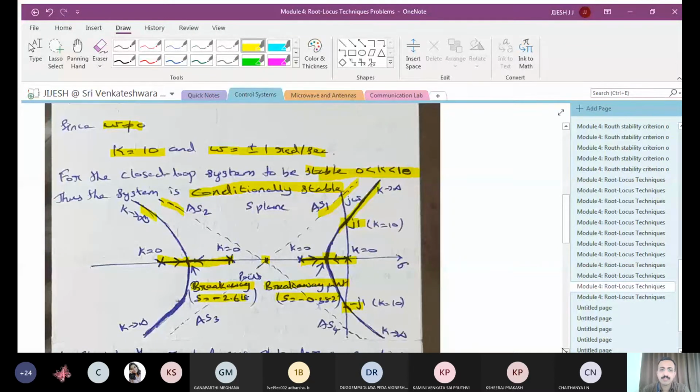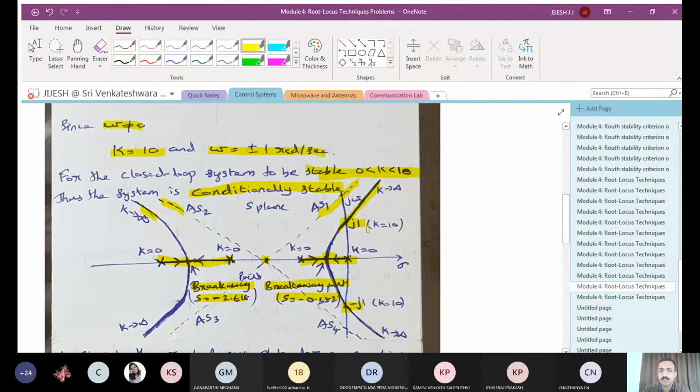So mark the points, mark the poles, root locus, centroid, asymptotes, 4 asymptotes you need to mark. Then you also need to mark these points. That is omega is equal to plus or minus 1 you got. So you got 1j as well as minus 1j.